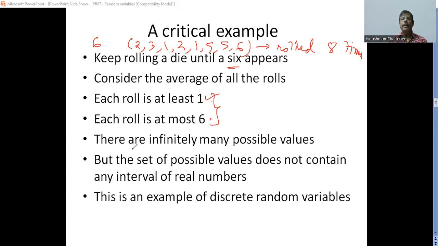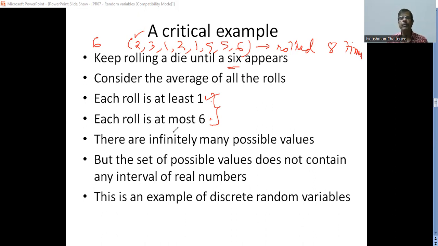And how many possible outcomes are there? It's quite clear, written this way, that the set of possible outcomes is actually infinite. You might write any sequence of numbers from 1 to 5 of any length, and then add a 6 at the end, and you get a possible outcome. And for each possible outcome, you get the average of that, which gives you a possible value.